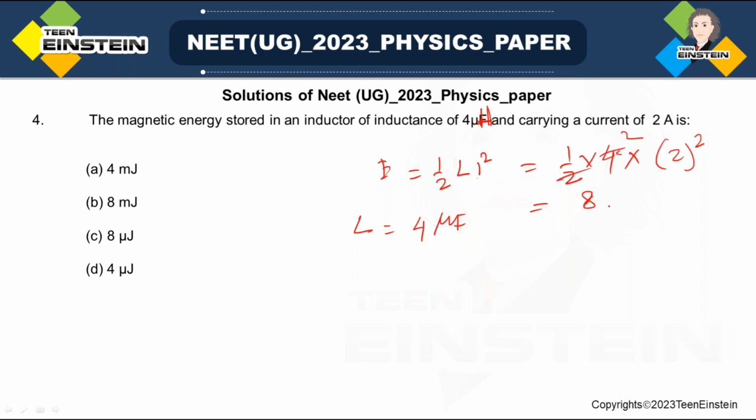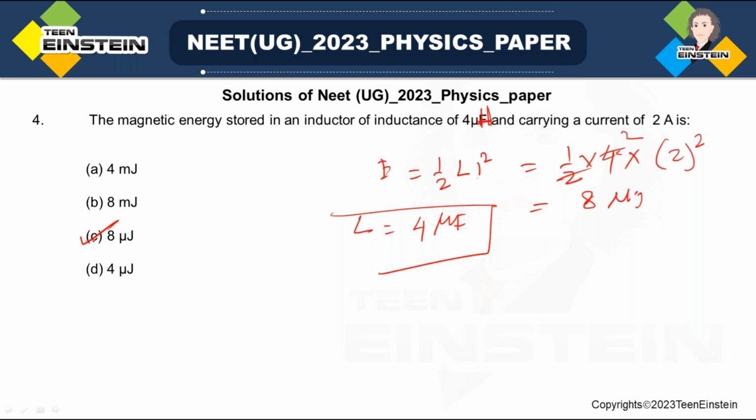So this will be 8 actually. 8 micro joule. So this, I think this will be C, option C, half L I square. That is the magnetic energy when the self-inductance of this inductor is given. Okay, then we can write half L I square.